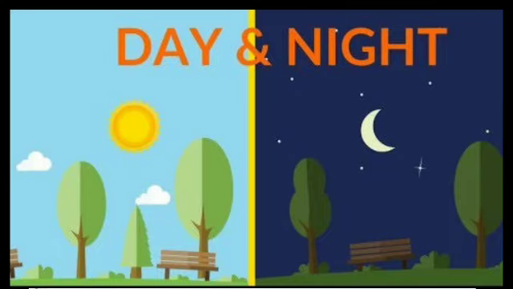Similarly, in winter nights are longer compared to days. In winter season, what happens? Nights are very long and days are very short. So students, here we can see the differences. यहाँ पे डिफरेंस पता चला आपको डे और नाइट में. समर में डे लॉन्ग है, विंटर में शॉर्ट है. और विंटर में नाइट लॉन्ग है, डेज शॉर्ट हैं. So these are the differences.